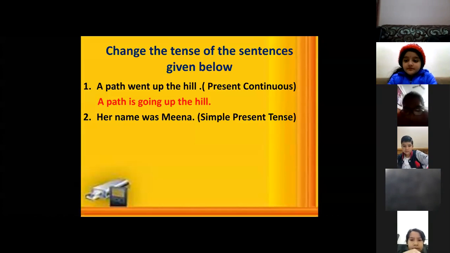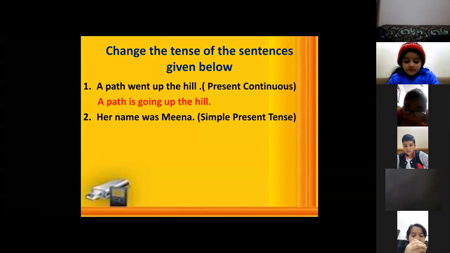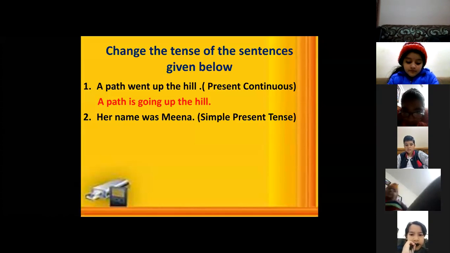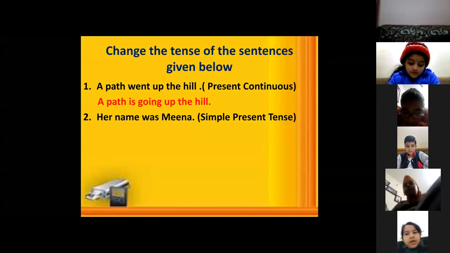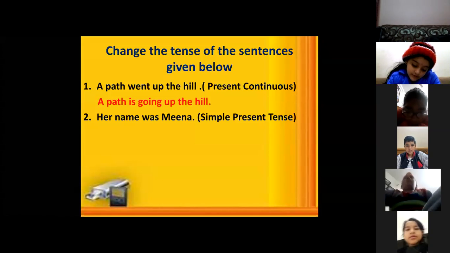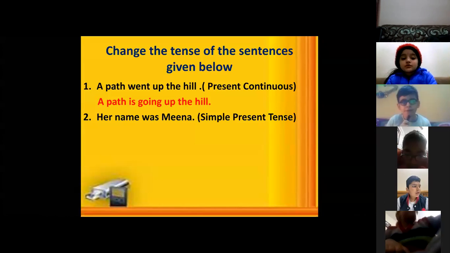We use the first form of the verb. But Suzanne, can you tell me when do we use simple present tense? The rules are correct, but who can tell me what's the usage of simple present tense? When is it used? Anybody can write in the chat box. I'll give you a turn. Mani, please carry on.